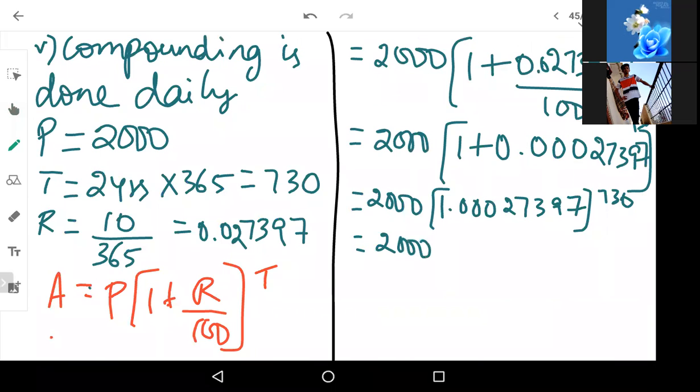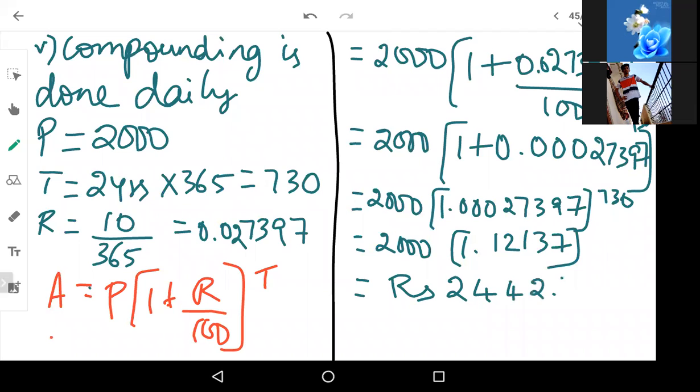2000 into 1.22137. So the total amount will be 2442.74. Correct. Good. Very good.